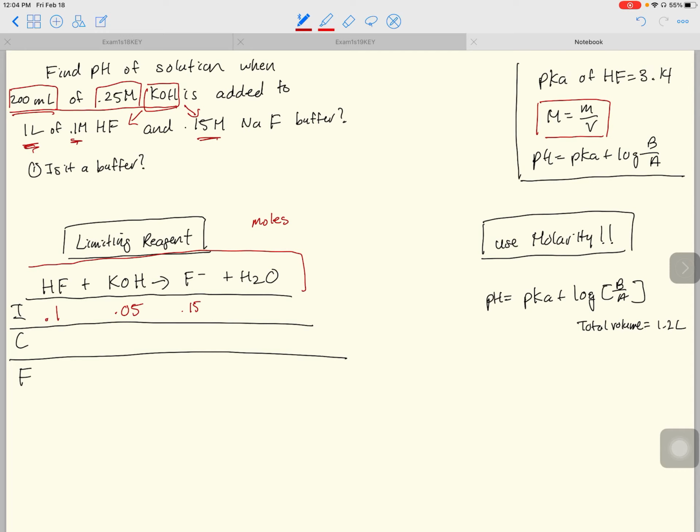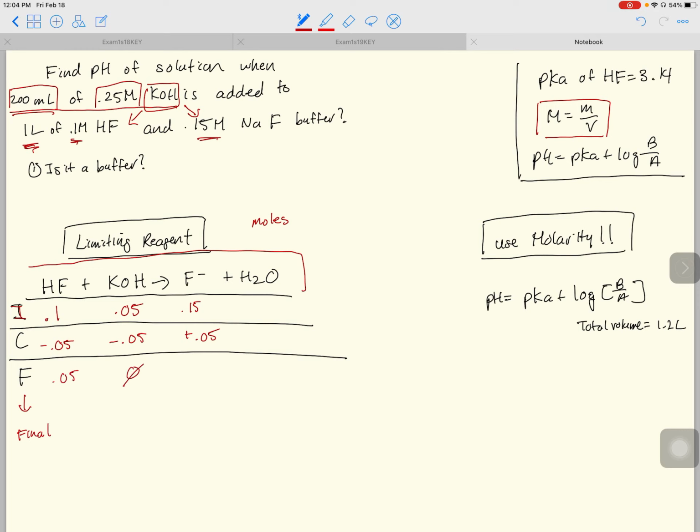I want to emphasize one more time, when we do a limiting reagent table, make sure you have the initial number of moles correct, okay? And just like last semester, now that we know our initial moles, subtract the smallest reactant, which is 0.05, and then we add 0.05 to the product. And therefore, how much HF do I have after the reaction? The final HF is 0.05.